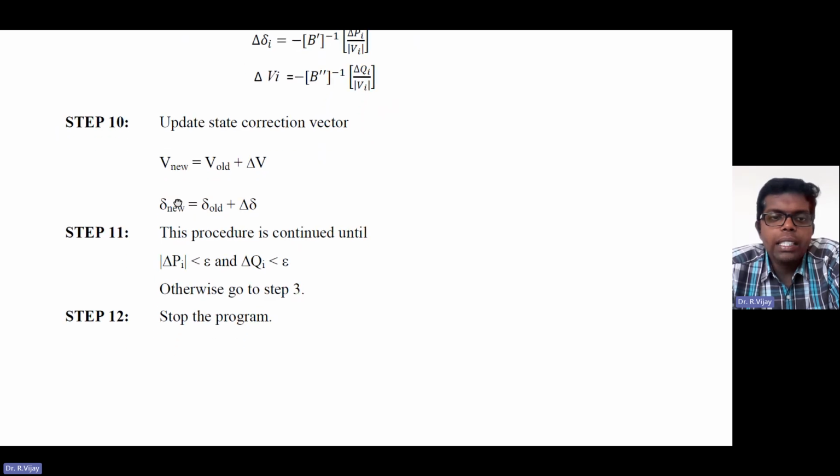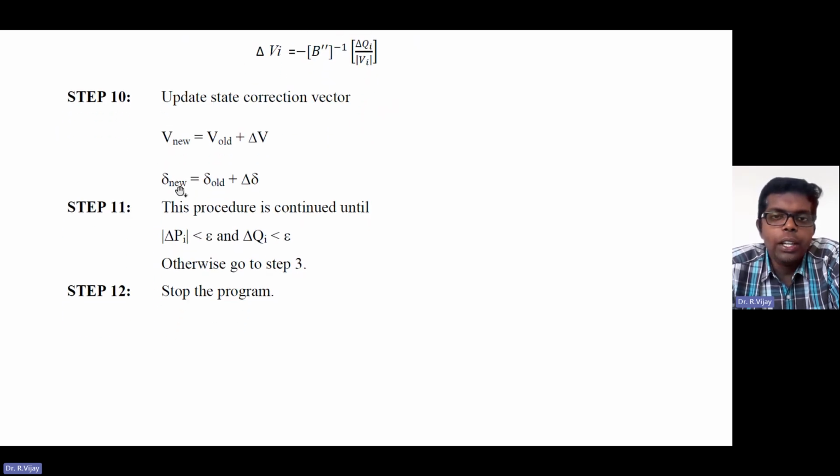Next, what is delta new? Delta new, that is phase angle new, is equal to phase angle old plus del delta. So this is also similar to the Newton-Raphson method. And this step, like the tolerance limit, is also the same as in the Newton-Raphson method.